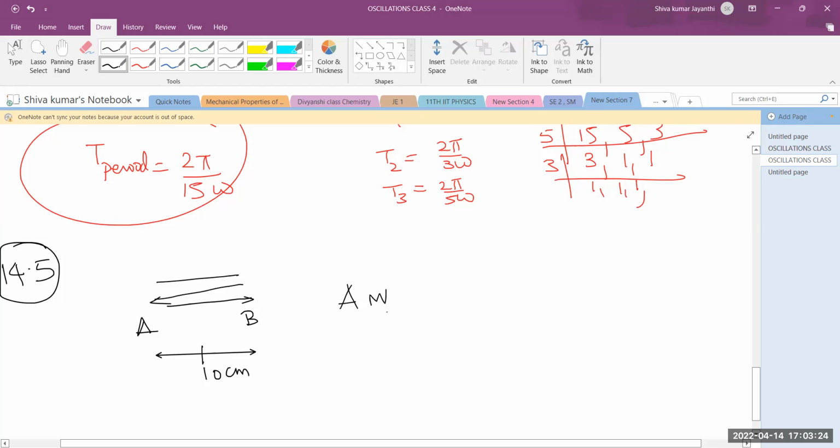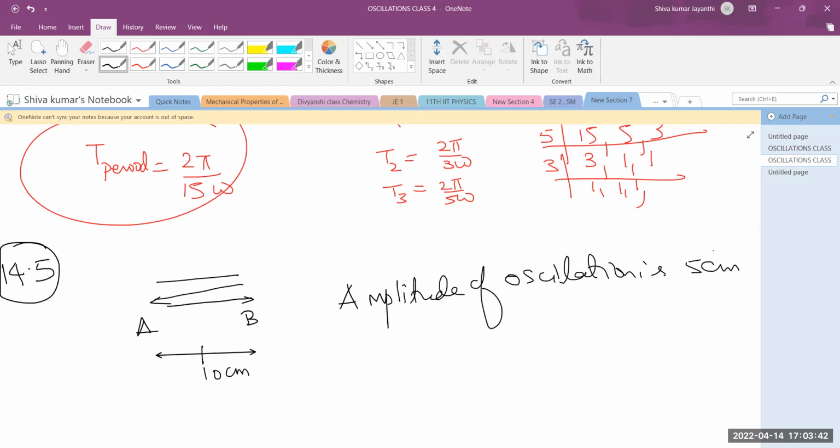It means that the amplitude of oscillation is how much? 5 centimeters, is it or not? That side 5, this side 5. Total is 10 centimeters. Understood that? So what is the amplitude from the middle point? 5 centimeters. Right?